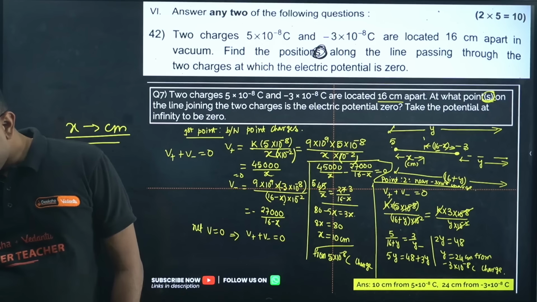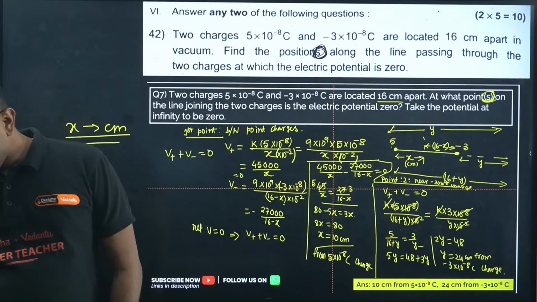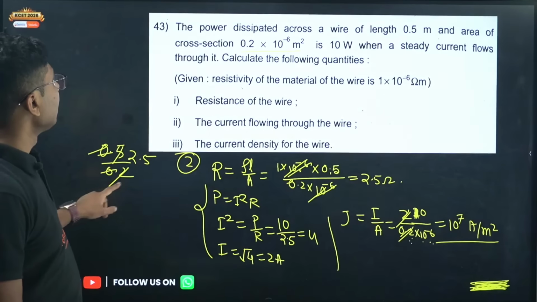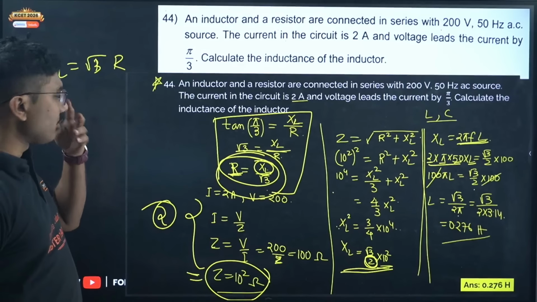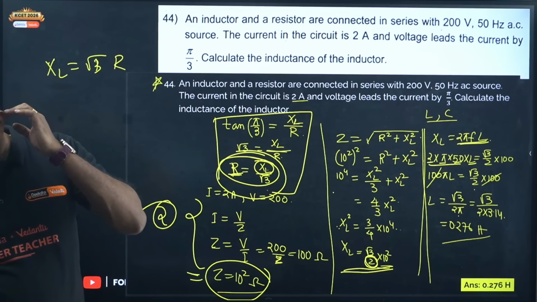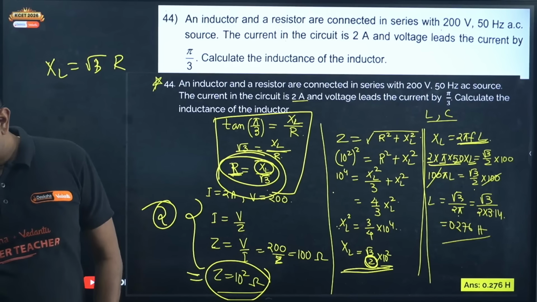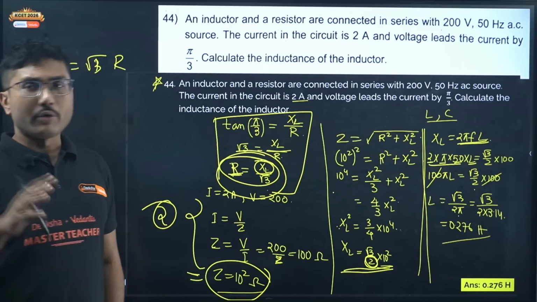In 44th question, if we have not written the other formula, also only 2 marks. What formula you have written? You can use sine, you can use cos, okay, does not matter.